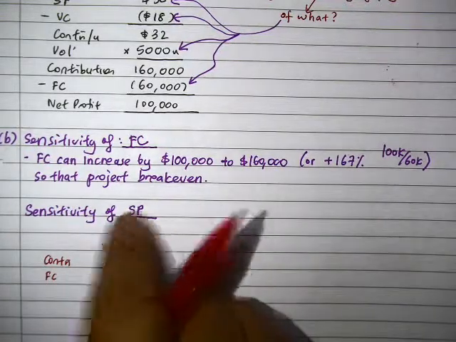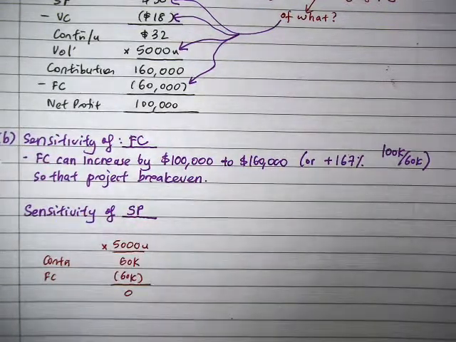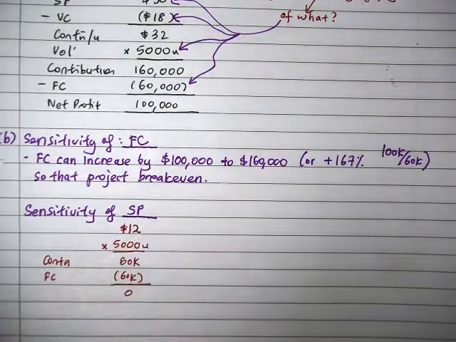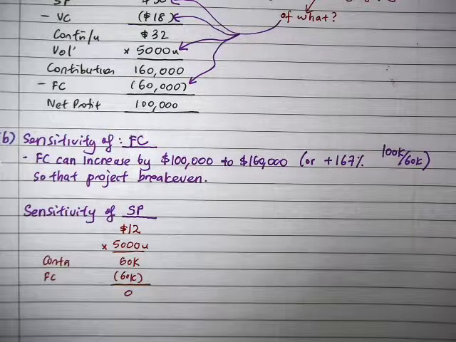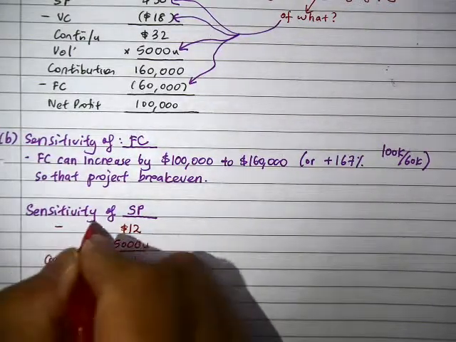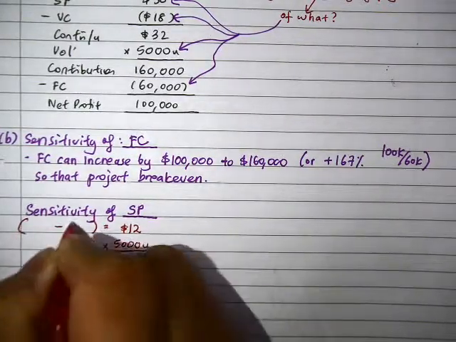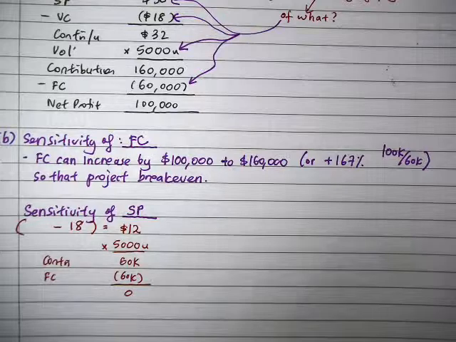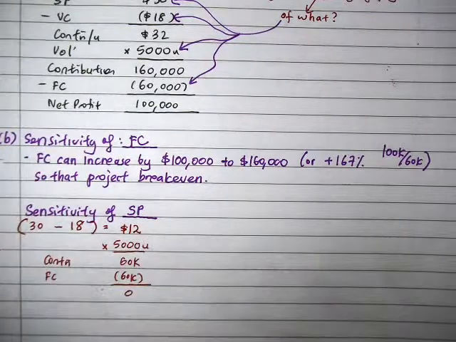So how much must this amount be? 60 divided by 5 is 12. The variable cost is 18, so what minus 18 equals 12? 30. So the selling price must be 30.